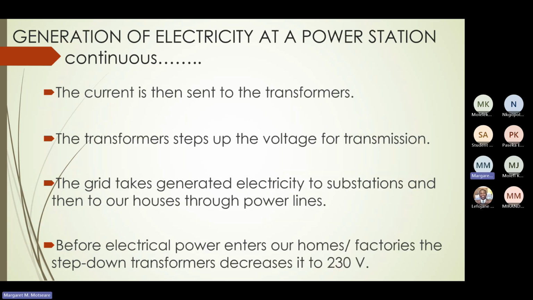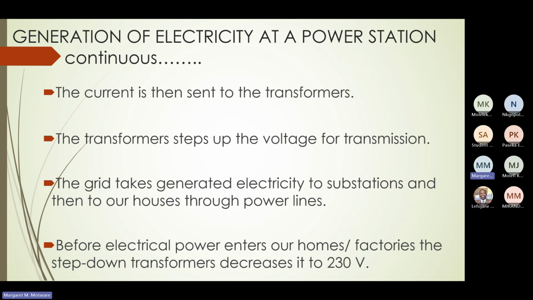The current is then sent to the transformers. The transformers step up the voltage for transmission. Folks, I know that when I'm saying all of this you get confused, but I'll explain it in a nicer way later when we go on. The grid takes generated electricity to substations and then to our houses through the power lines.